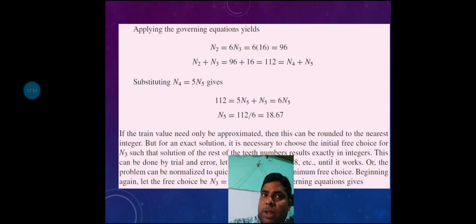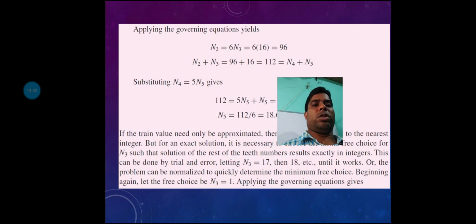Now applying the governing equations, n2 is equal to 6 n3, that means 6 into 16, that means 96, and now n2 plus n3 is equal to 96 plus 16 is equal to 112. That means n4 plus n5 is 112. Now substituting n4 is equal to 5 n5, that means 112 is equal to 5 n5 plus n5, that is 6 n5. Now n5 is equal to 112 by 6, that means 18.67.